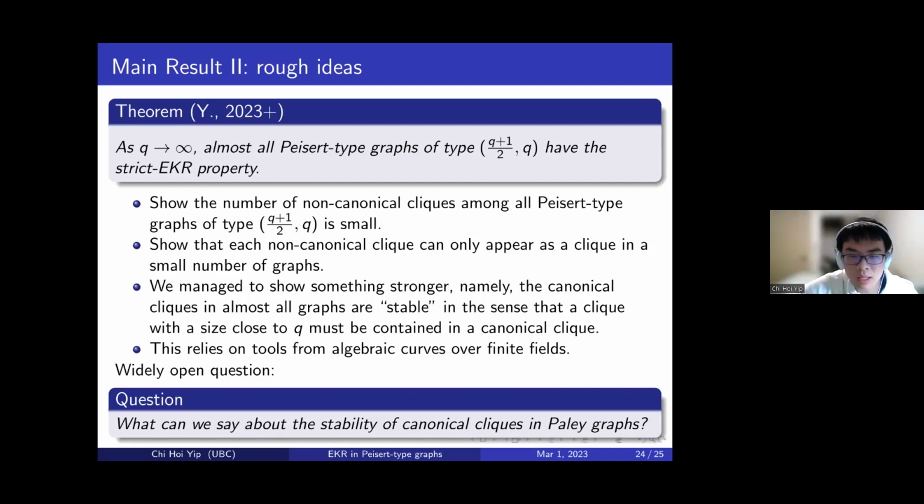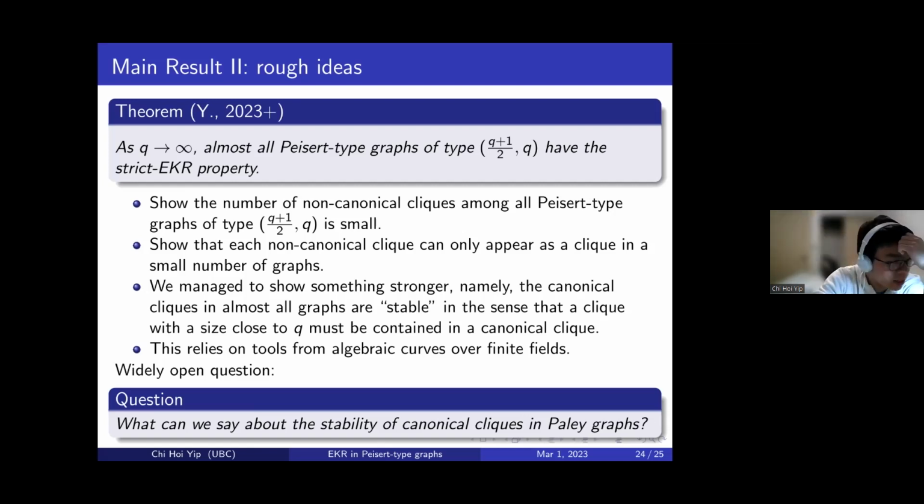I think the best known result is that if we have a Paley graph of order Q squared, then a clique with size Q minus 1 must contain a canonical clique. But that result is kind of trivial.